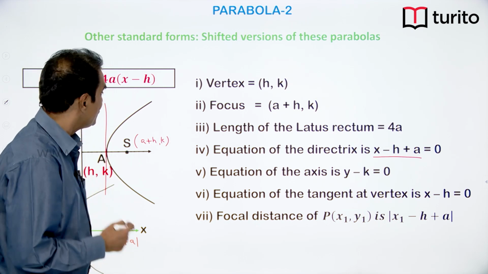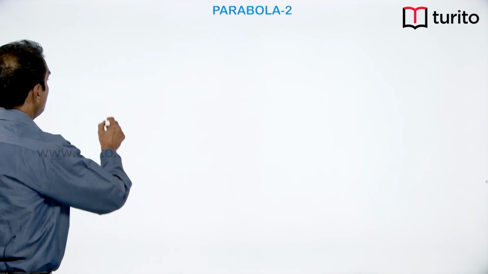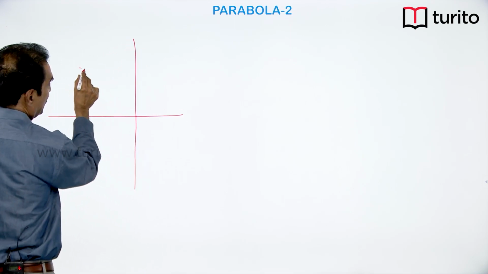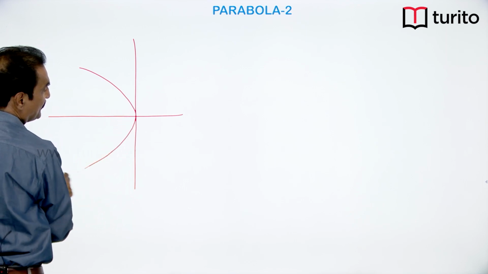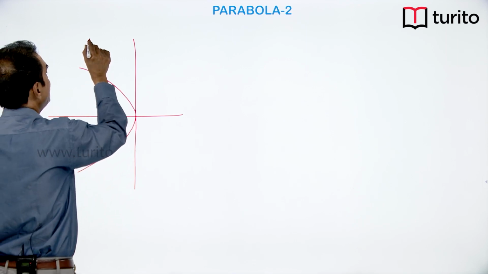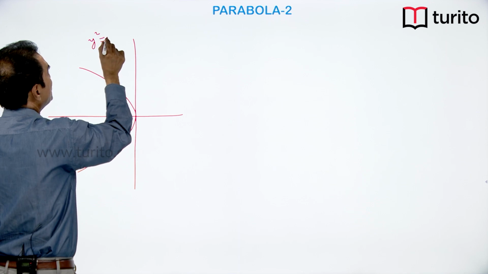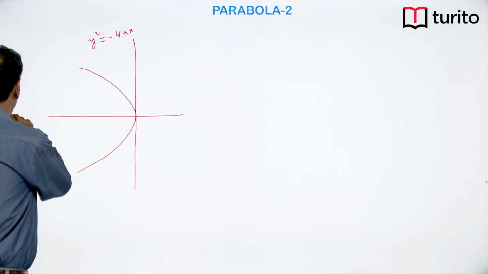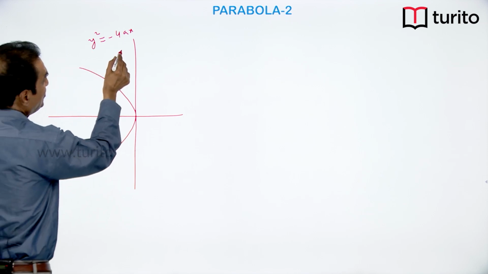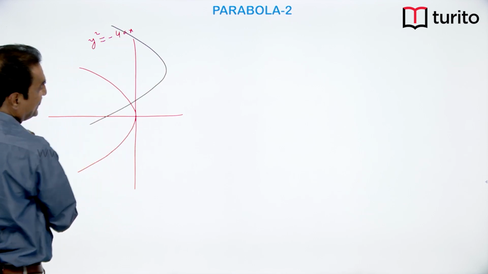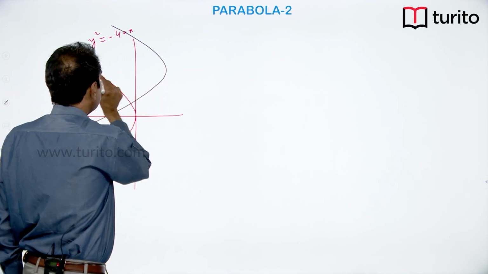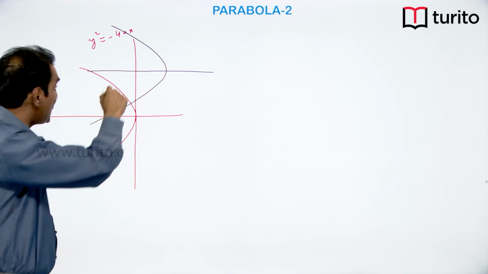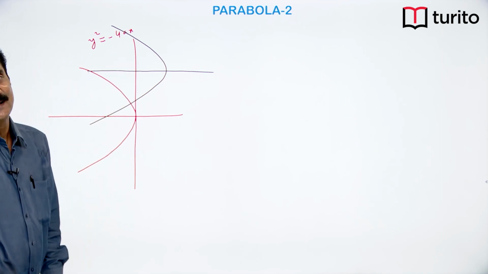Okay. Similarly, if you take this parabola, its equation is y square is equal to minus 4ax. Now, I am shifting it to some other position like this, keeping the axis of the parabola parallel to the x axis.